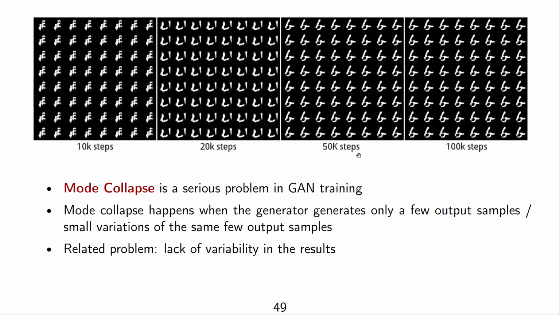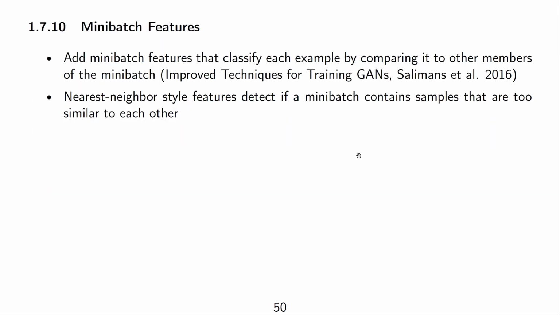So you're generating the same or almost only the same outputs, but which output this is can shift over time during the training. And mode collapse leads to a lack of variability in the results, and in the worst case, all results are the same.